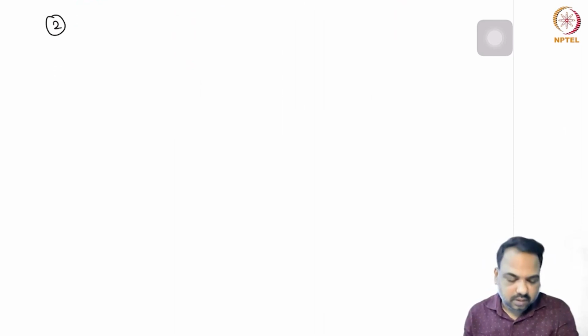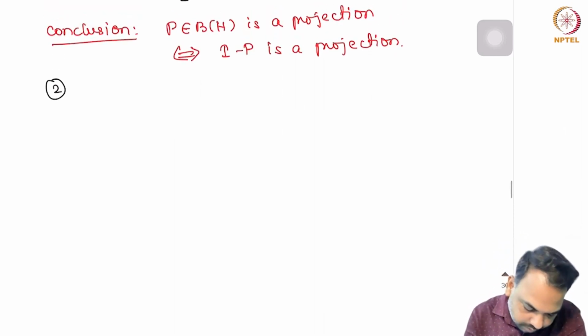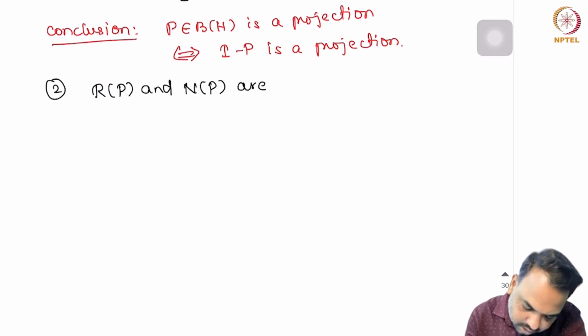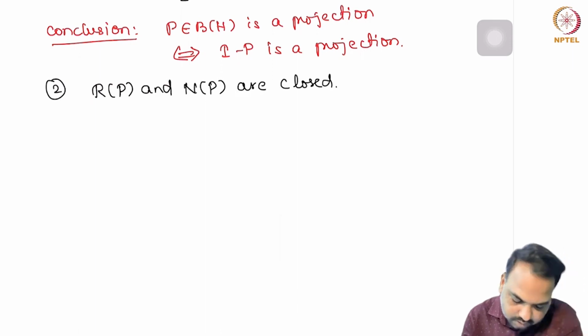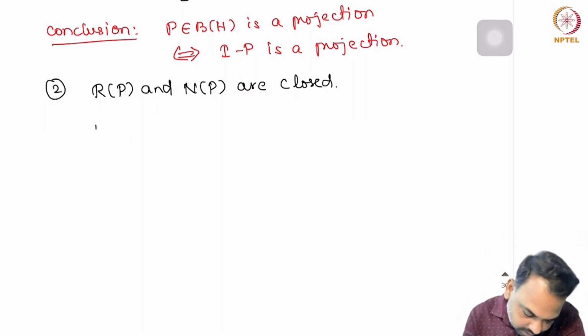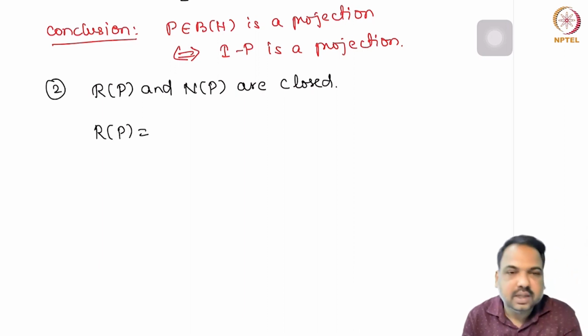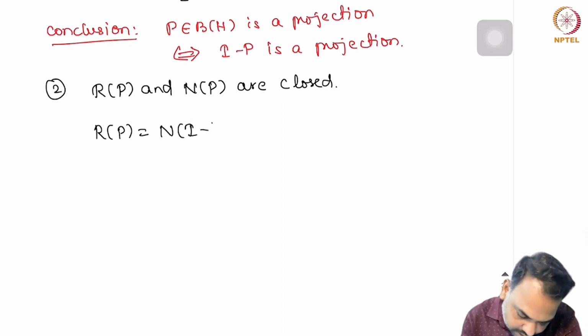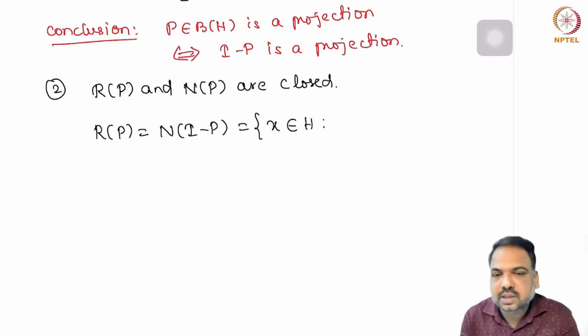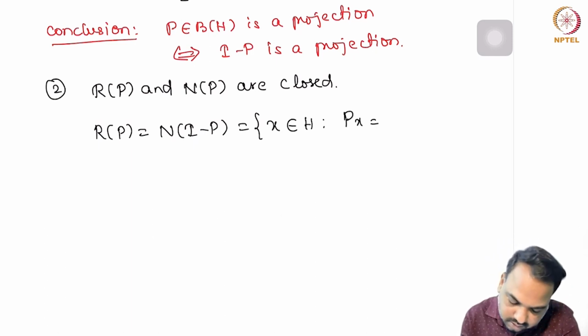Second one, if P is a projection, we can show that the range of P is always closed. The range of P and the null space of P are closed. So the null space is closed because P is a bounded operator, but the range of P we can write as the null space of I minus P. So this is the set of all x such that (I minus P)x is 0, that is Px equal to x.